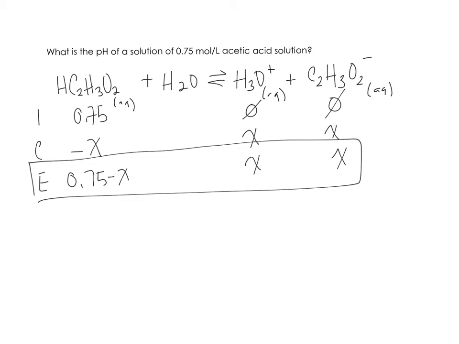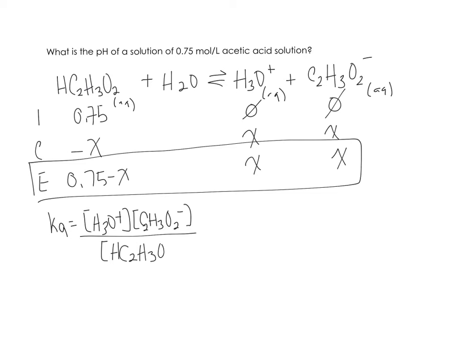So your E line, your equilibrium line, is what goes into your Ka expression. So Ka is equal to, and always set it up properly first before you substitute in your values, hydronium, the conjugate base, all over your weak acid.